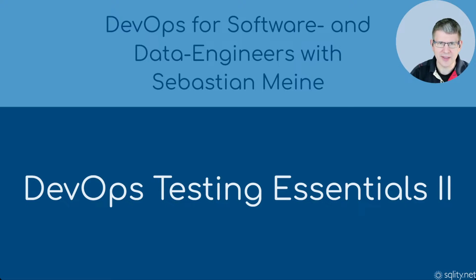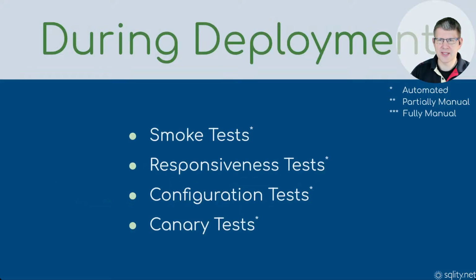Today, we're going to look at the type of testing you want to execute during the deployment process. Those tests are smoke tests, responsiveness tests, configuration tests, and canary tests.